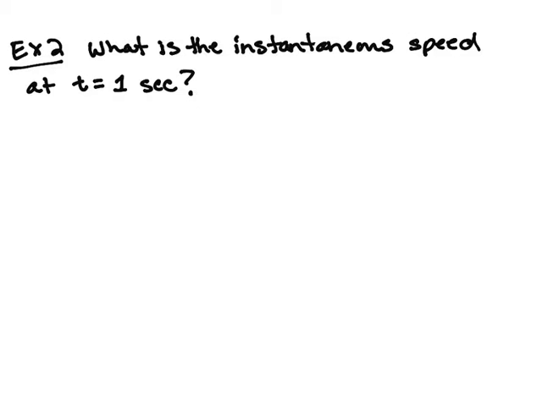So what I'm going to do is define my delta t generically. I'm going to say my delta t is going from t naught, that's the initial t value, to t naught plus h.